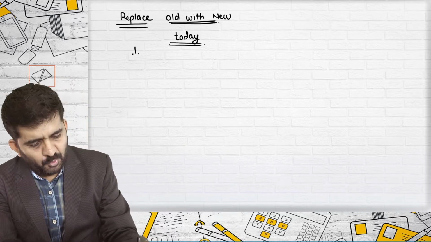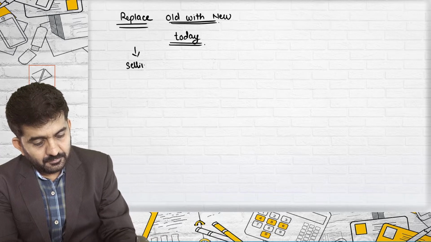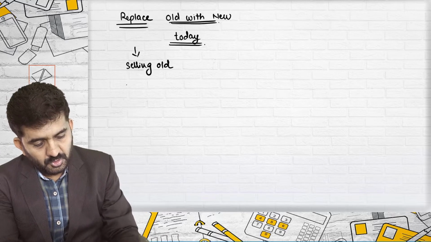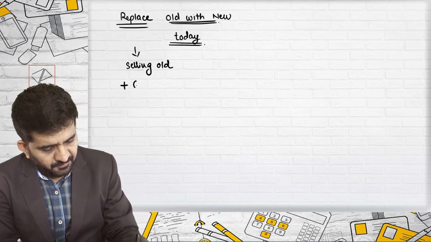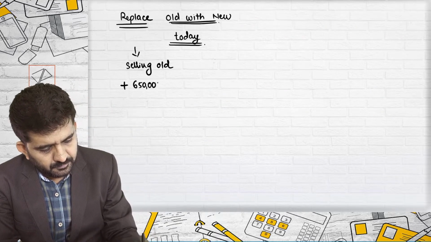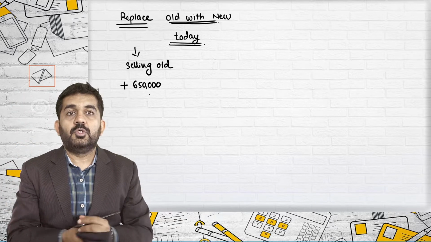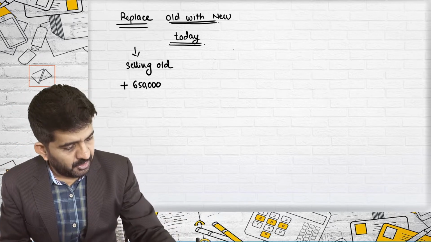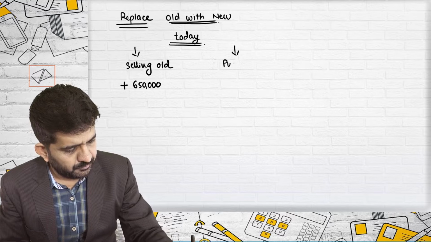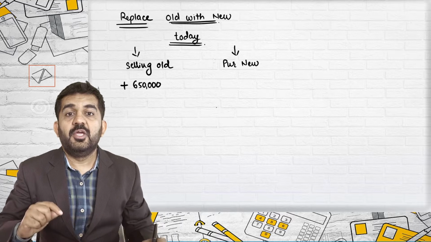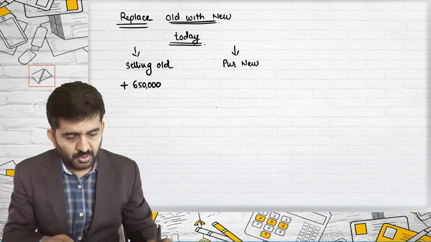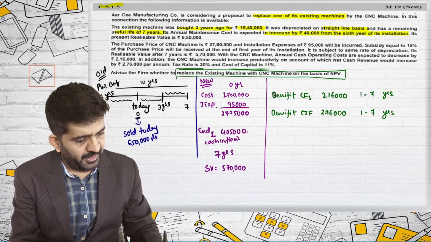First, you will be selling old. So there will be cash inflow of how much? 6,50,000. What will happen today? You will purchase new. If you will be purchasing new, how much will be cash outflow today?